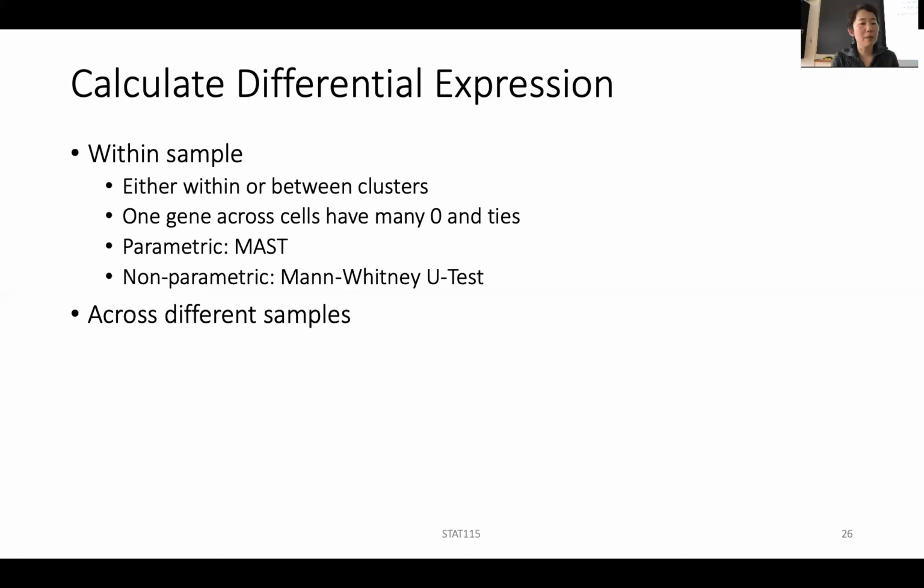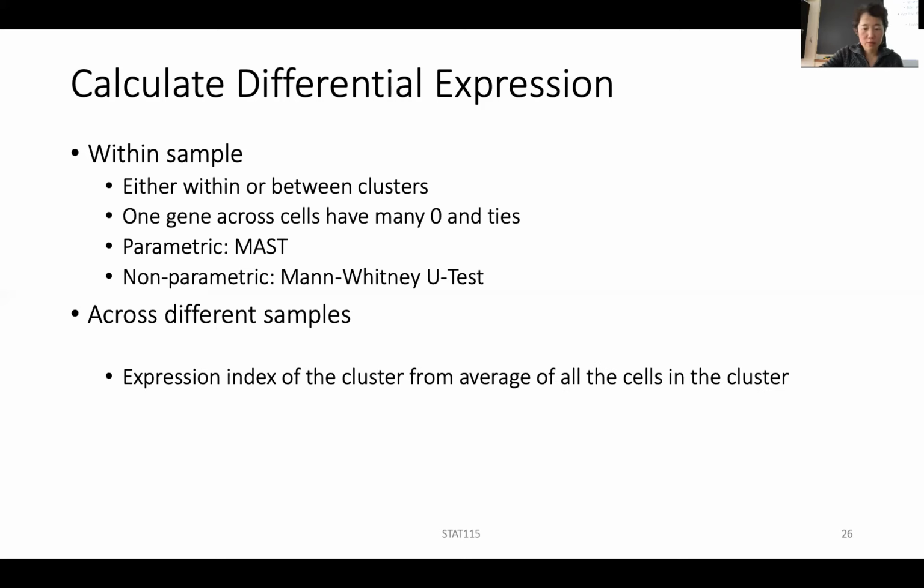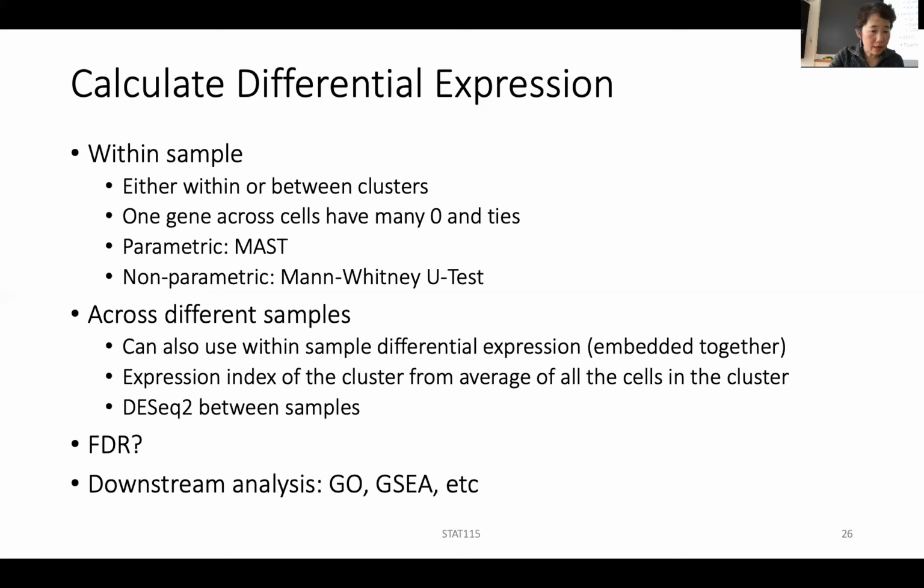When you try to compare across different samples, this is kind of harder. But you can still use the within-sample differential expression. For example, if you have multiple samples, you can put them all together to run your UMAP. Then they are all embedded together.